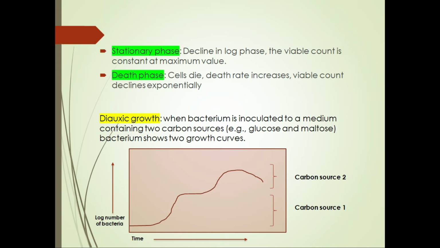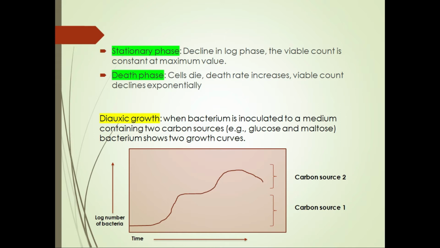Carbon source 1 means here the bacteria have preference to use a particular carbon source. Glucose, fructose, sucrose, these are some carbon sources which are utilized by bacteria first.